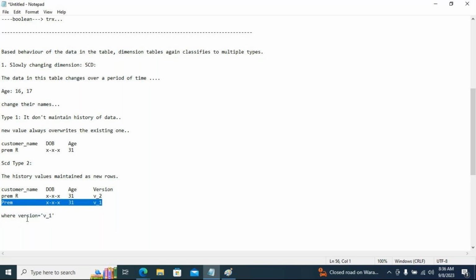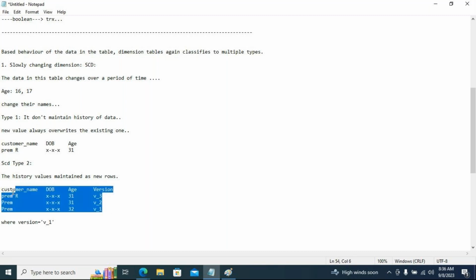This is the updated information. Similarly, again I got a requirement, and this is age 32. This is 1, this is 2, this is 3. Got it? What is the latest information? This is the latest information.